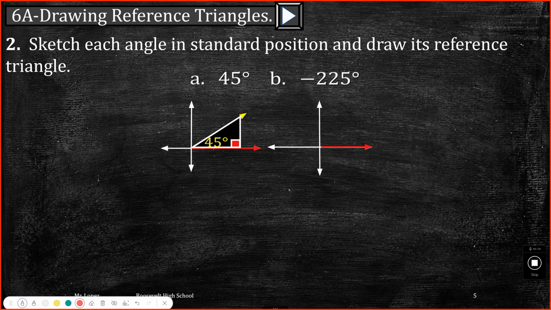Are we going up or are we going to go down? Did I hear up? Well, if you're really smart, you could go up, because you're doing some other weird math in your head, but it's telling you to go down 225. So it's right here. That's negative 225. So now 180. Yep, that's it.